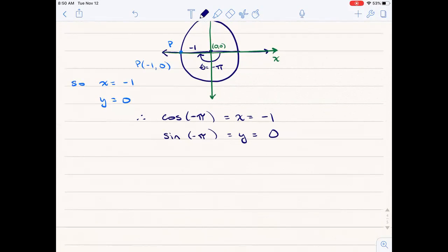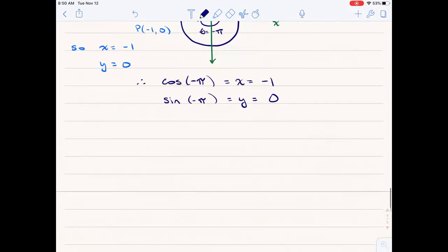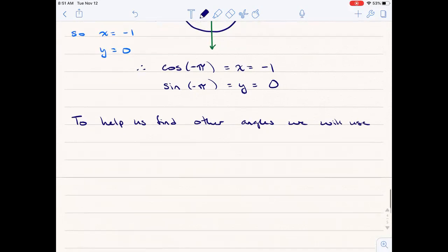All right. What did we say? To help us find other angles, we will use reference angles.